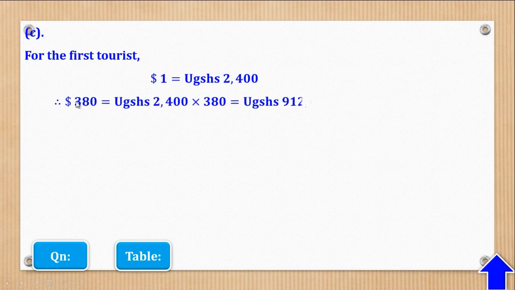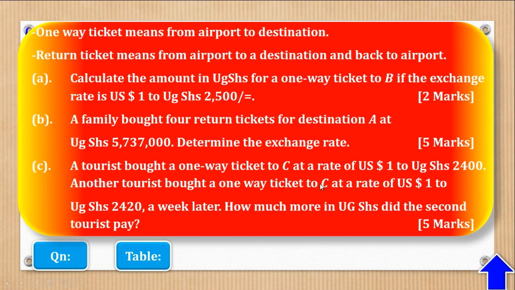Therefore, $380 US will be equal to 2,400 times 380 to come up with 912,000 Ugandan shillings.